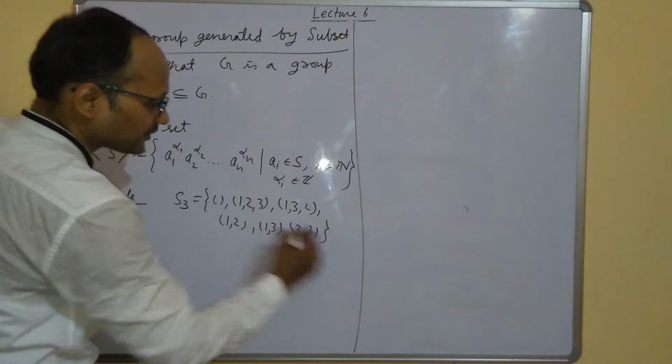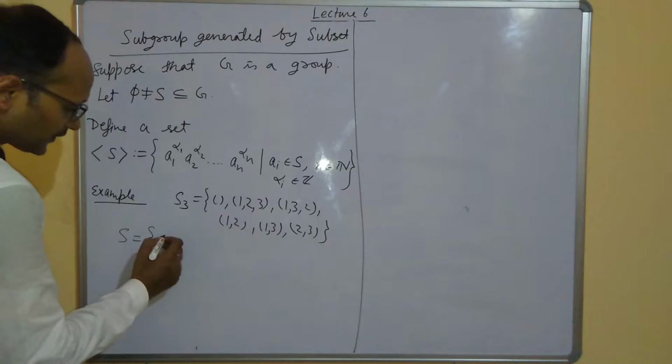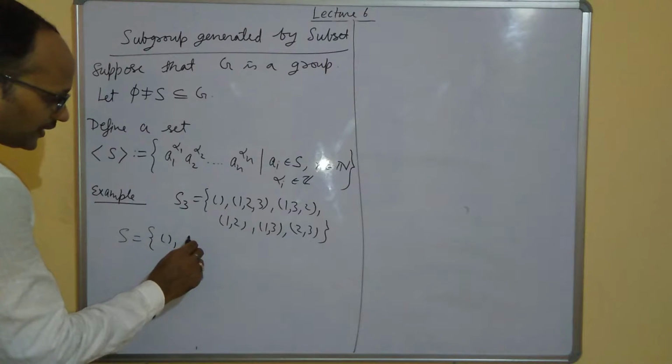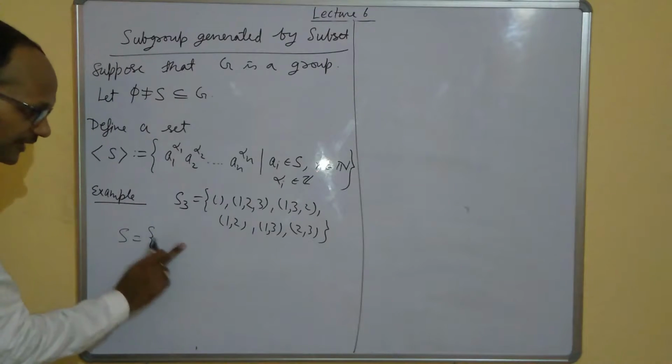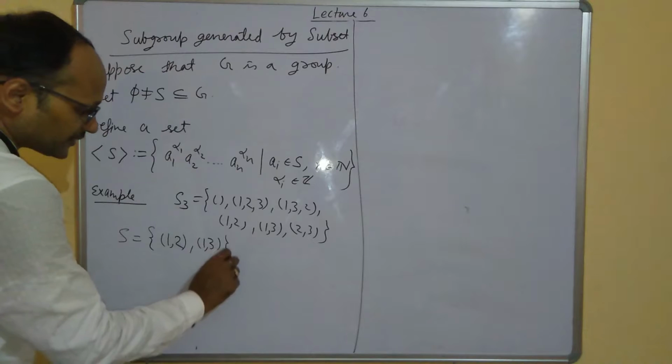These are 6 elements of S3. And suppose I take a subset S to be (1 2) and (1 3). I take 2 elements.